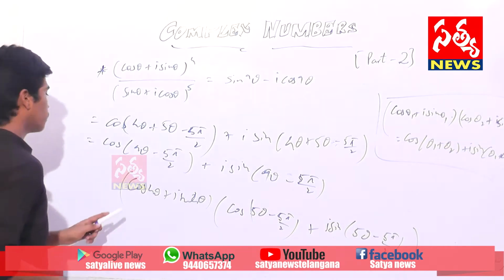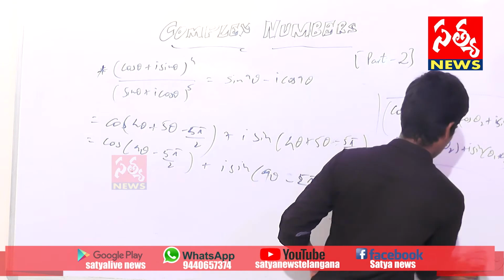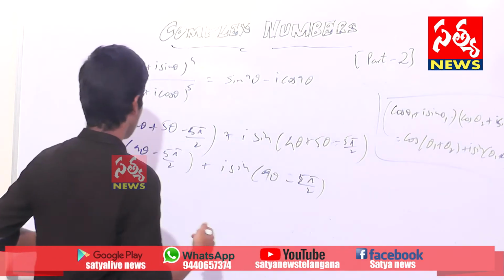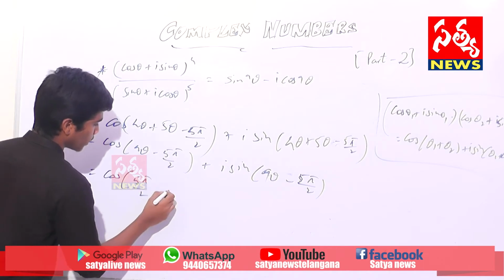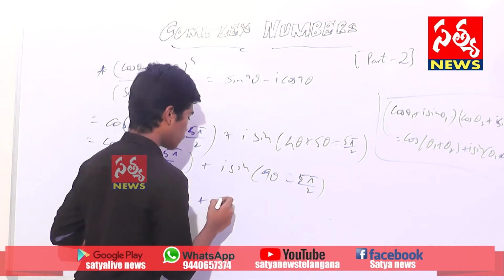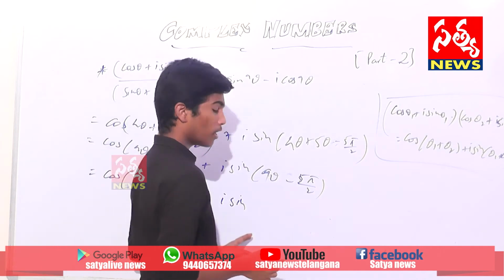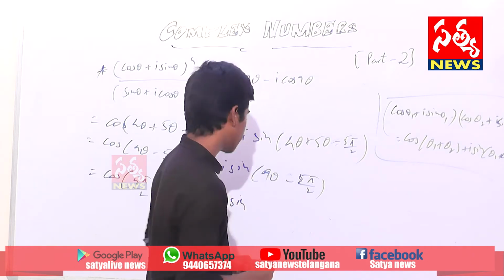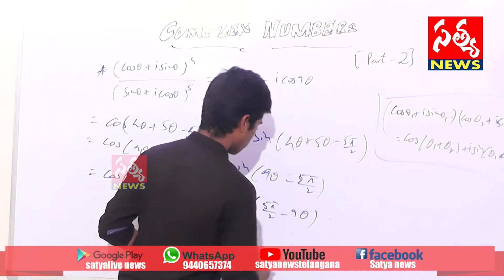Taking minus common, here we get cos of (5 pi by 2 minus 9 theta). As cos of minus theta is cos theta, and in the sine part we get minus, as sin of minus theta is minus sin theta, of (5 pi by 2 minus 9 theta).